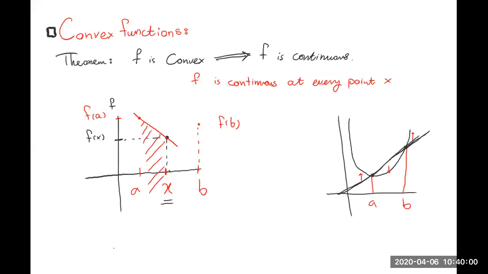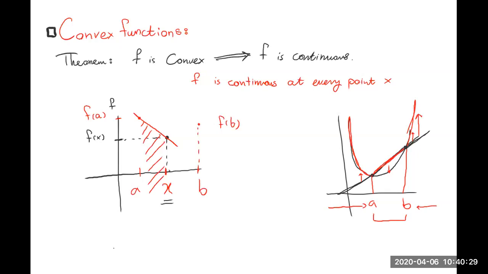When we are looking at the function on the interval A and B, this line is above the function. For points greater than or equal to B, the graph of the function is above this line. And for points less than A, again, the graph of the function is above this line. That's always a thing about a convex function.